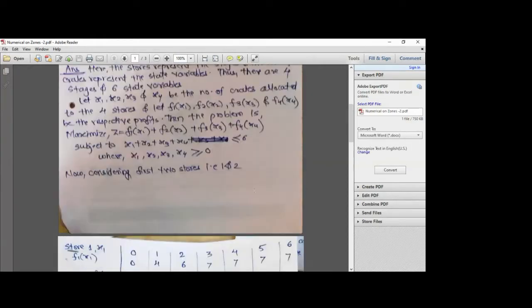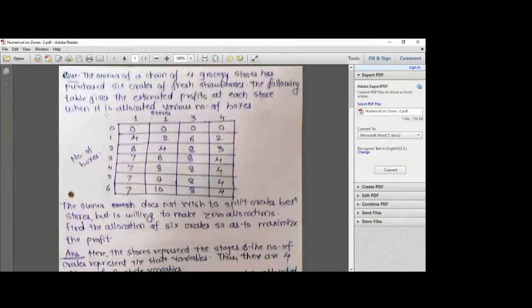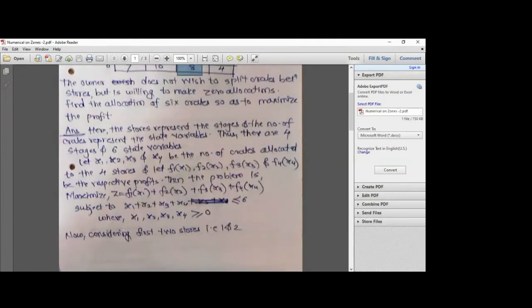Now coming here also, what we will be doing is we are going to start with the first 2 stores, then we can put one more store, and the third and fourth can be added later on.